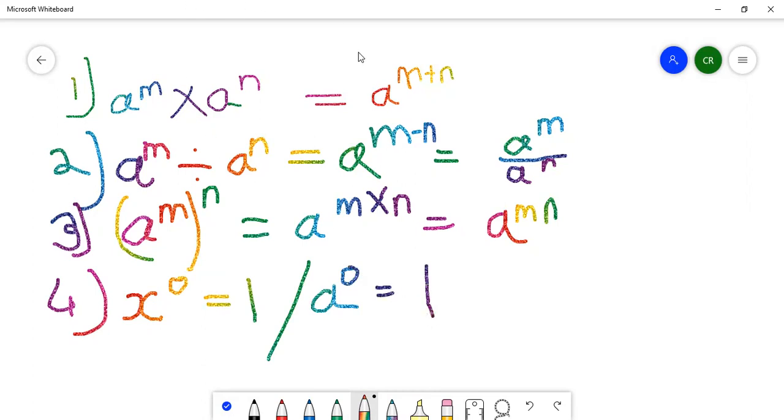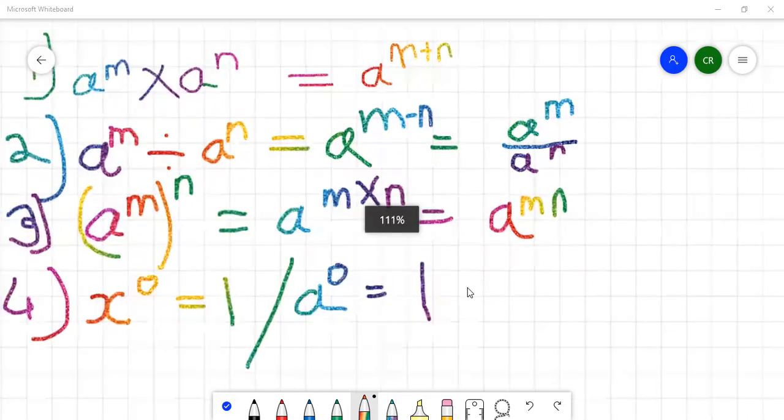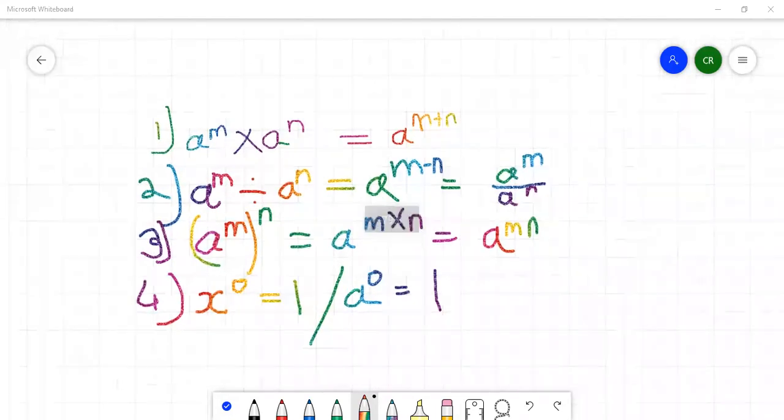In some books it's given as x and in some as a. You can use either of the methods.